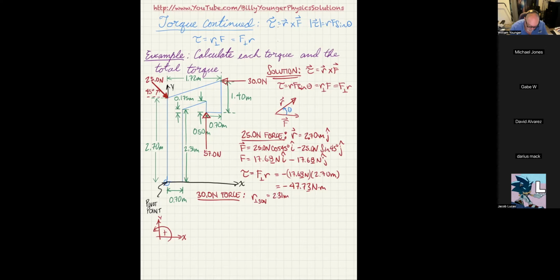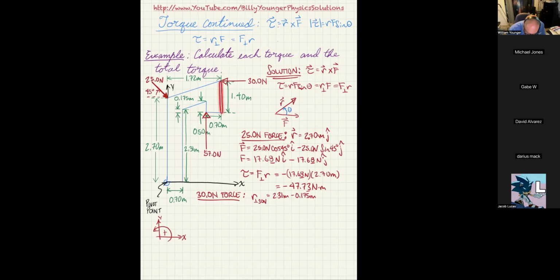Now I want to go from that height to where the actual 30 Newton force is applied. In order to do that, I happen to know the distance from the bottom of this letter to the top of that letter, but I'm already past that. I'm up to here, so I need to subtract that small amount right there. So now I'm going to say minus 0.175 meters. That brings me to this height right here.